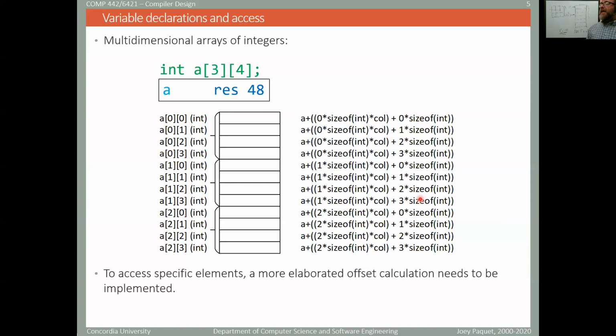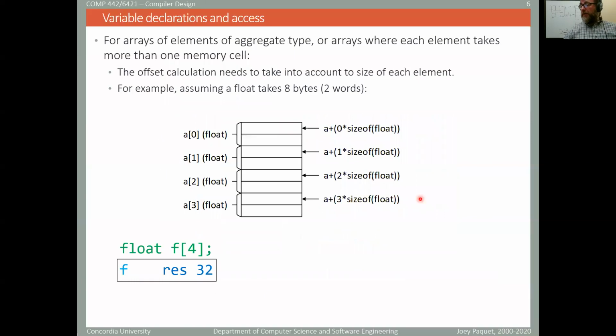Okay. So all this is to say we're talking about creating an array which contains atomic elements which are not stored in only one memory cell. So of course, if you have an array of floats, taking the assumption here that a float would be stored in two consecutive memory cells, then you have to reserve two memory cells for each of the elements.